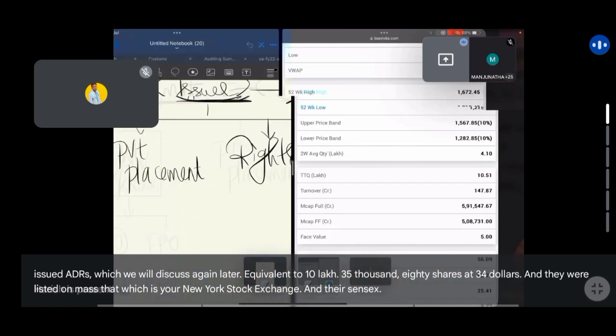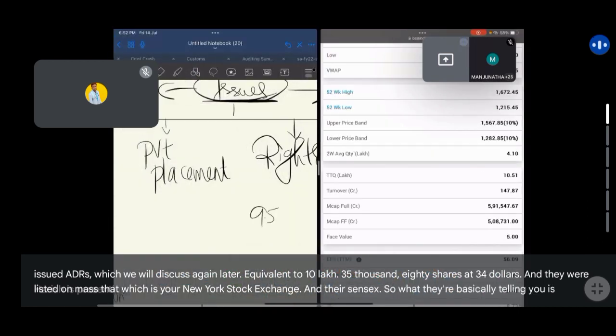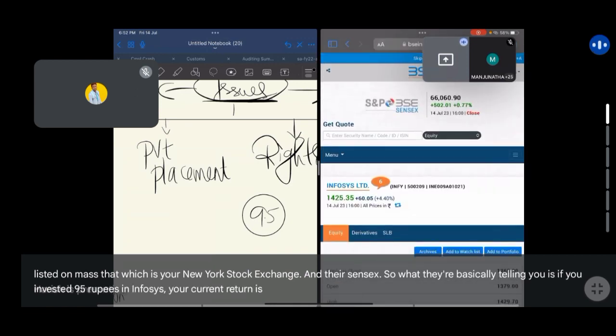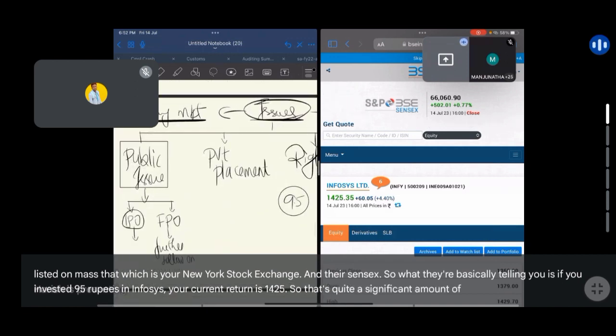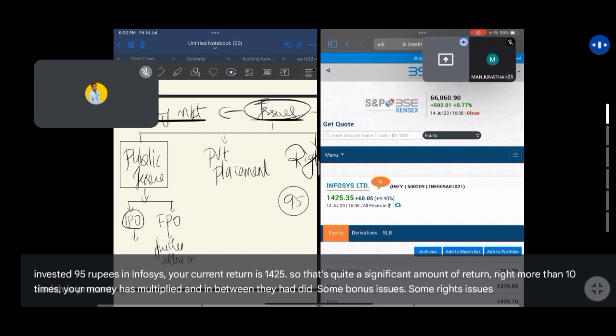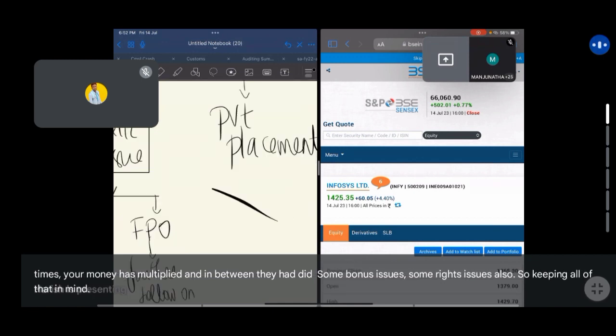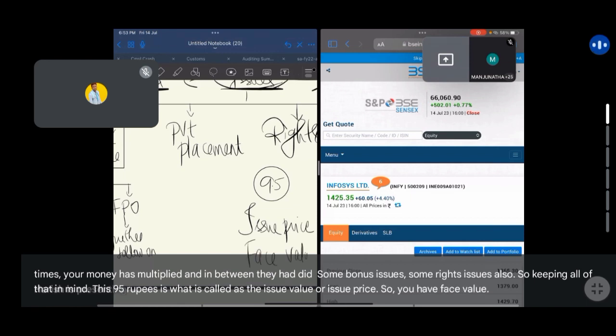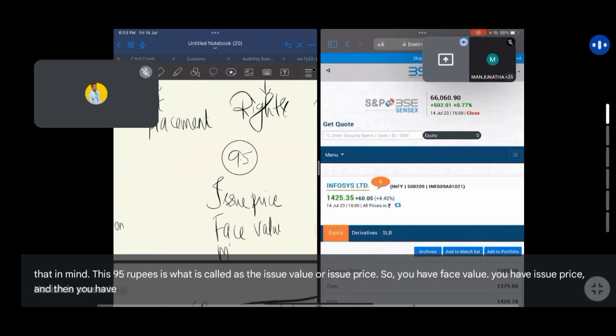So what they're basically telling you is, if you invested 95 rupees in Infosys, your current return is 1425. That's quite a significant amount of return, right? More than 10 times your money has multiplied, and in between they did some bonus issues, some rights issues also. So keeping all of that in mind, this 95 rupees is what is called the issue value or issue price. So you have face value, you have issue price, and then you have market price.